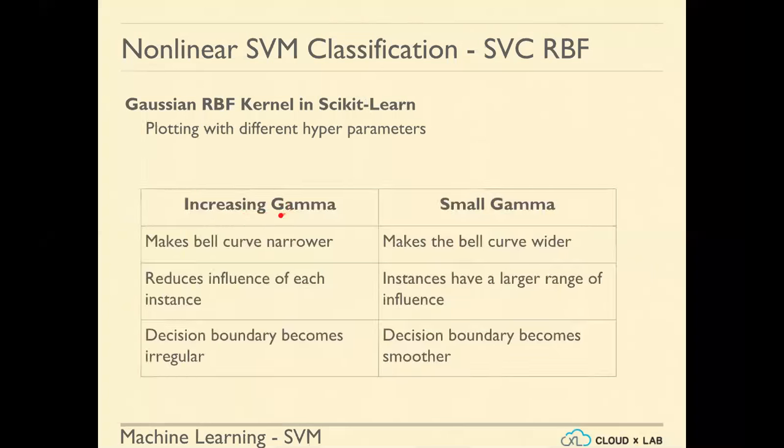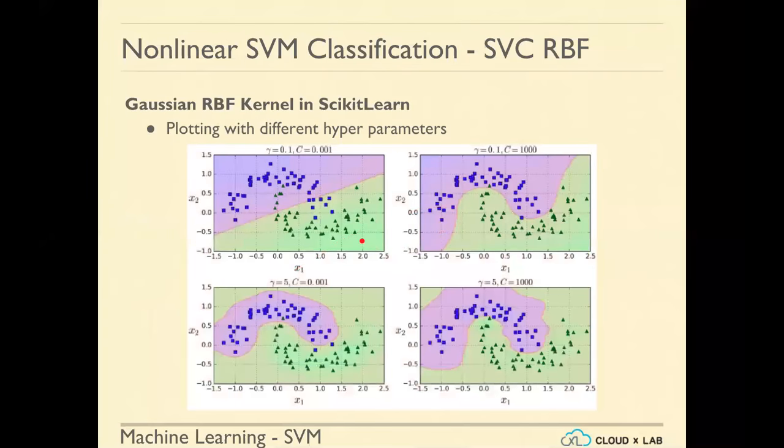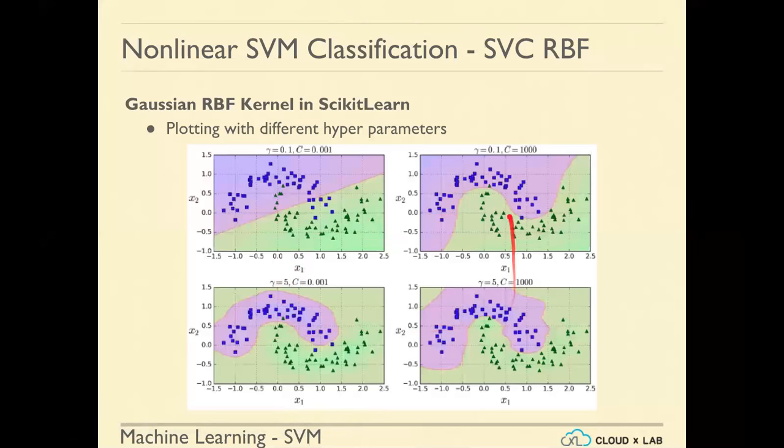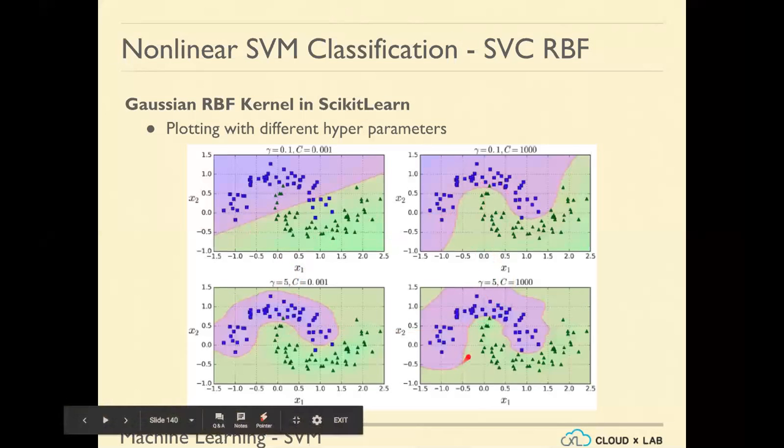When we increase the gamma, it makes the bell curve narrower. What does it mean? The bell curve is becoming narrower. So even here, if you see, if the gamma is increasing, the bell curve, instead of being wider, it is becoming narrower. Why?